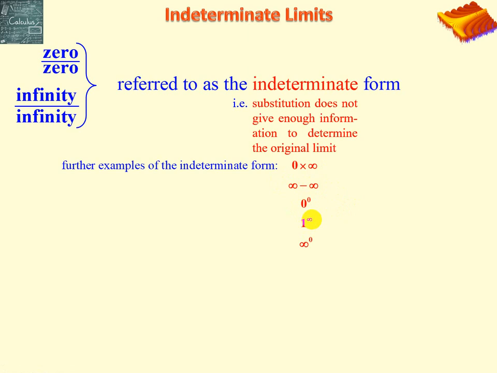I don't know that that's indeterminate, but infinity to the 0, I think that's probably also 1. But anyway, this is the sort of thing you get with indeterminate form. We're not going to worry about that. We're only going to worry about the 0 over zeros and infinity over infinities.